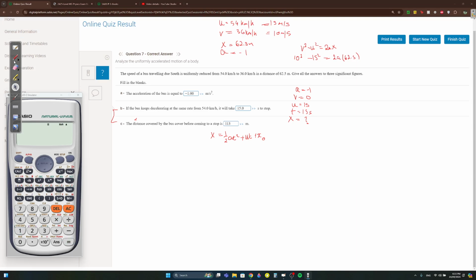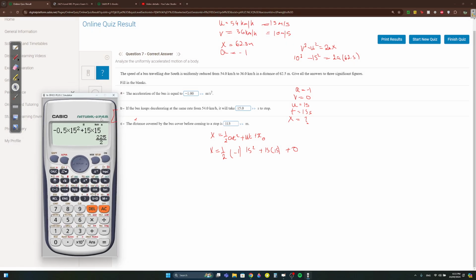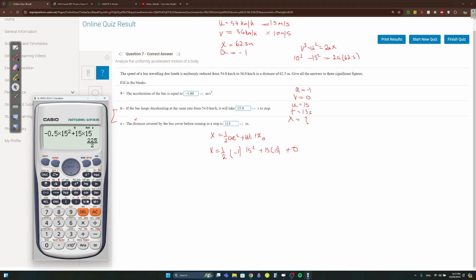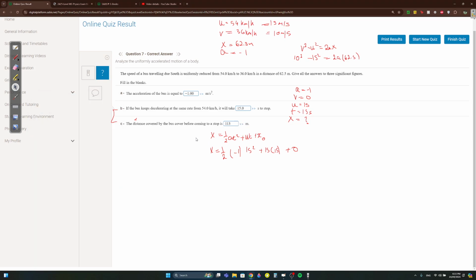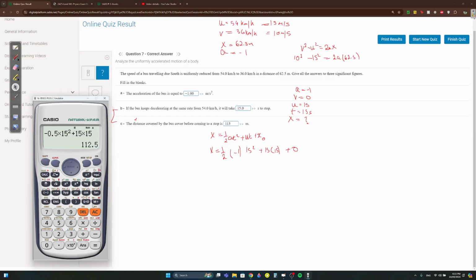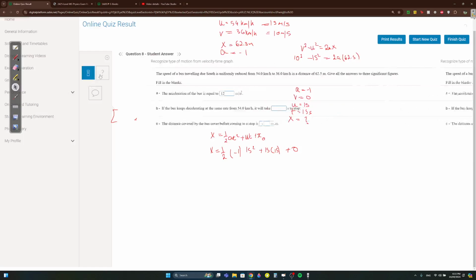X node we don't know, it's just 0, right? In this phase of motion. Put this in your calculator, you get 112.5. They said to 3 significant figures, so you put it to 113.